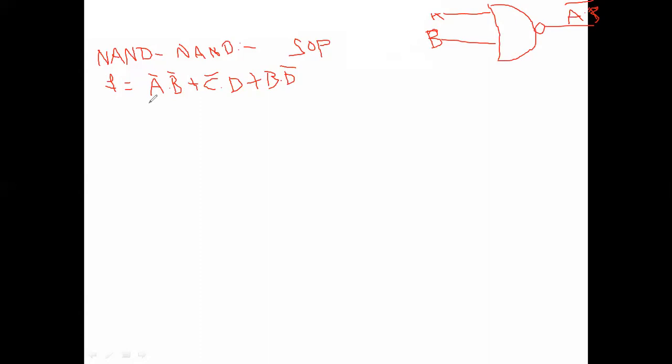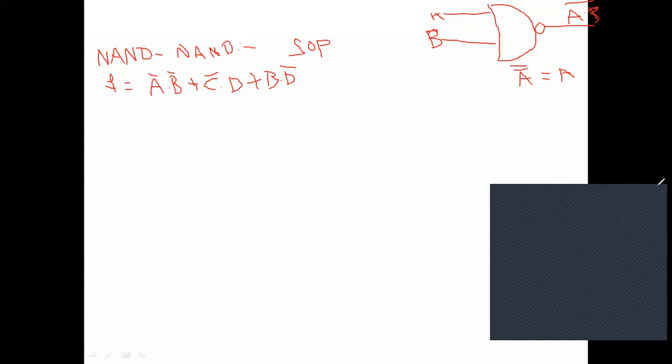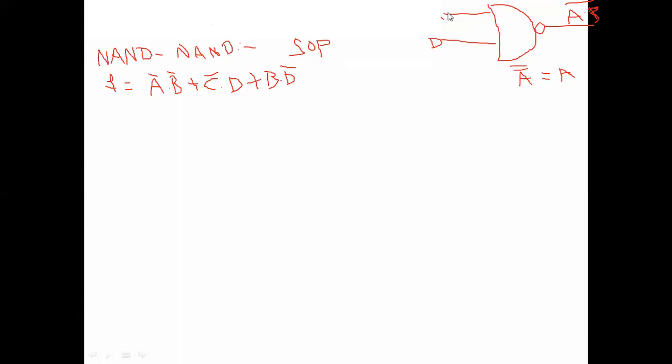Now we know one rule for complements: A bar bar is equal to A. That means if we complement two times, we get the same thing. Based on that, here also two times complement is applied.